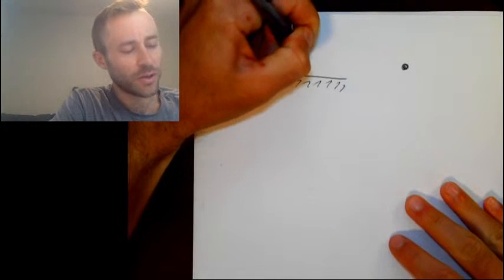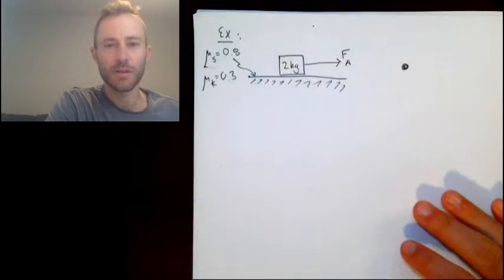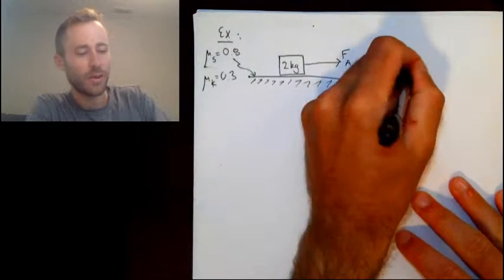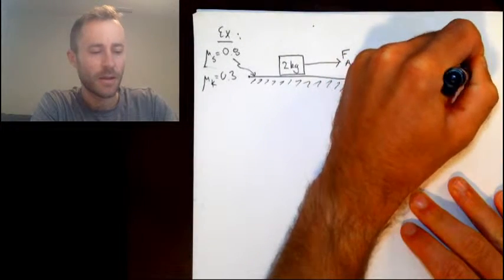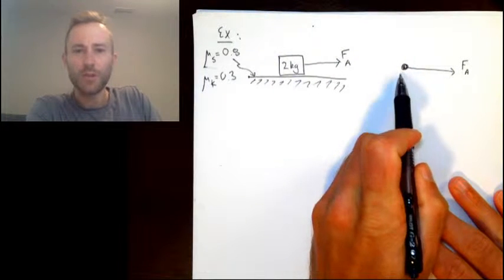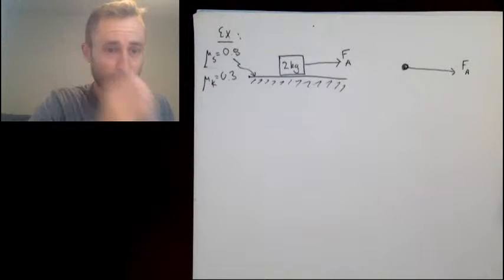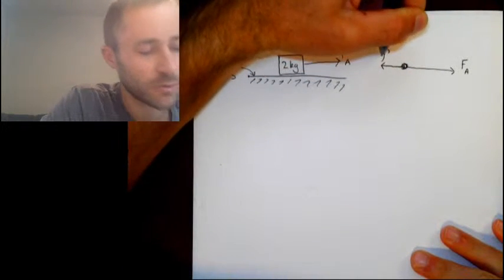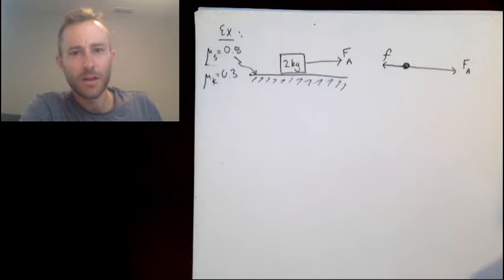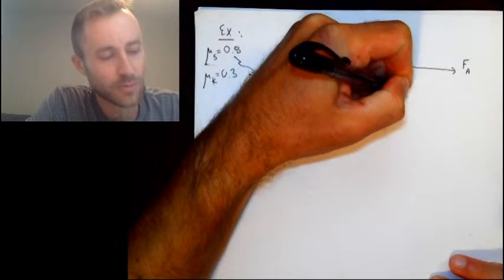By the way, there's also an applied force pulling the box to the right. This applied force wants to move the box to the right, so friction is going to oppose it and exert a force to the left. There's also the weight force going downward.